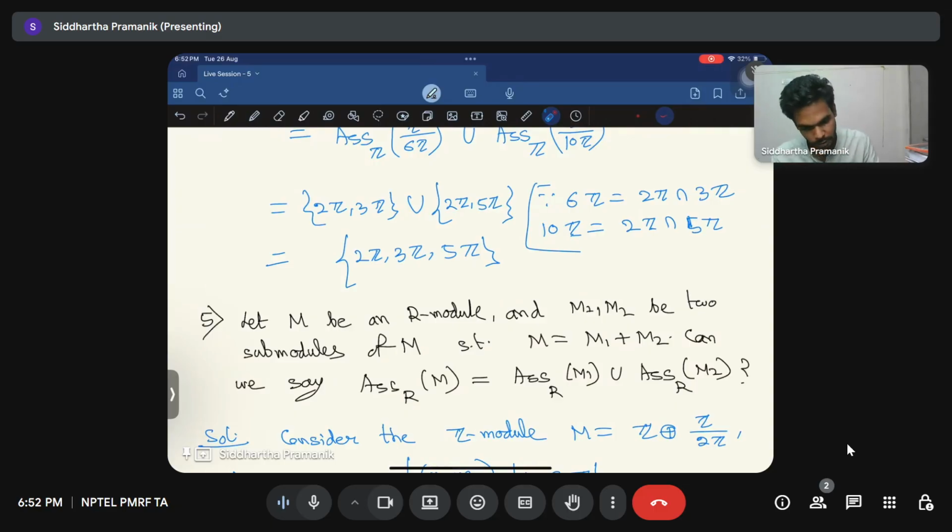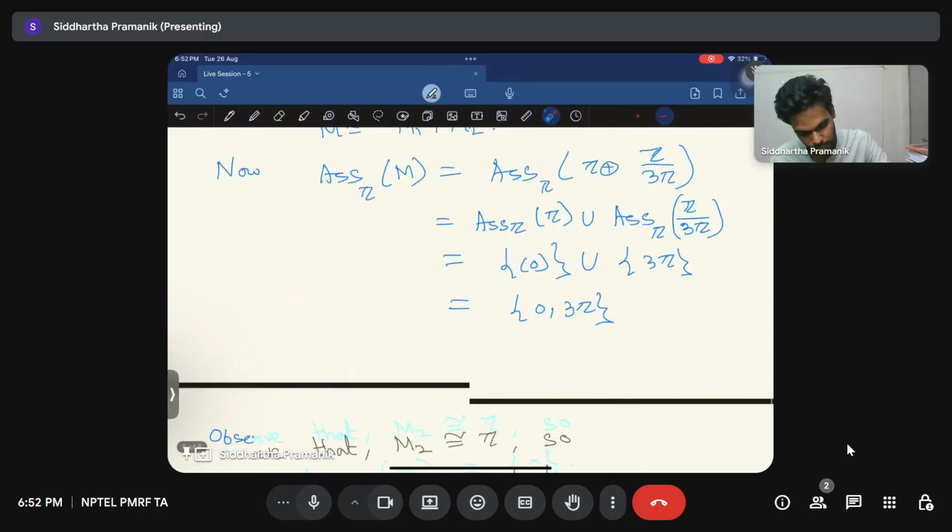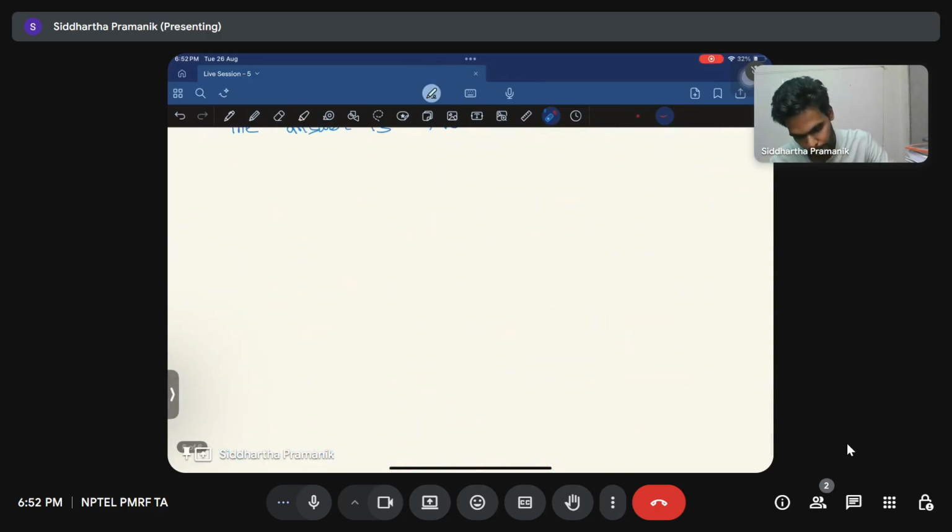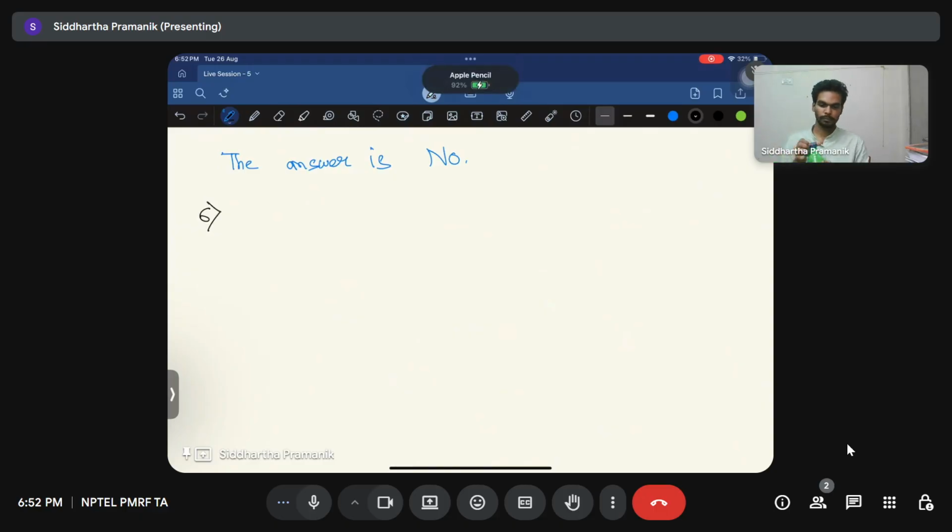Okay, so let's try to see some other problems. So this is problem number 6. This is from the practice problem sheet again.